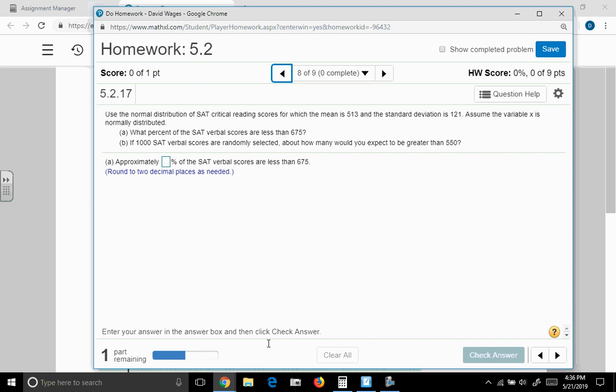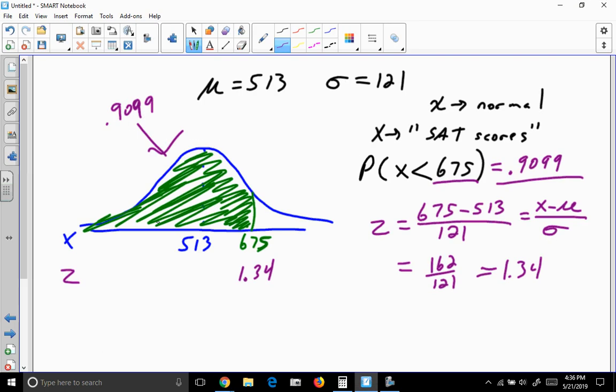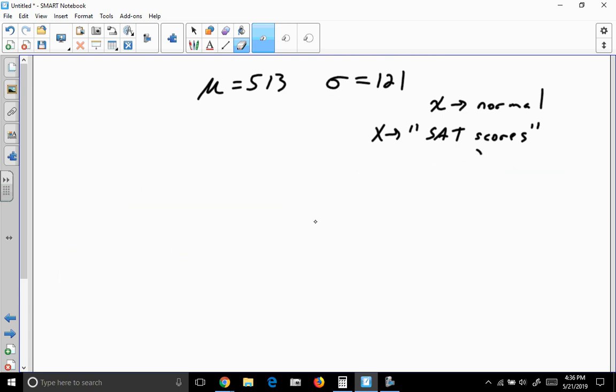The second part says, if 1,000 SAT verbal scores are randomly selected, how many would you expect to be greater than 550? We don't have 550 on this one, so let's erase and redraw our chart.